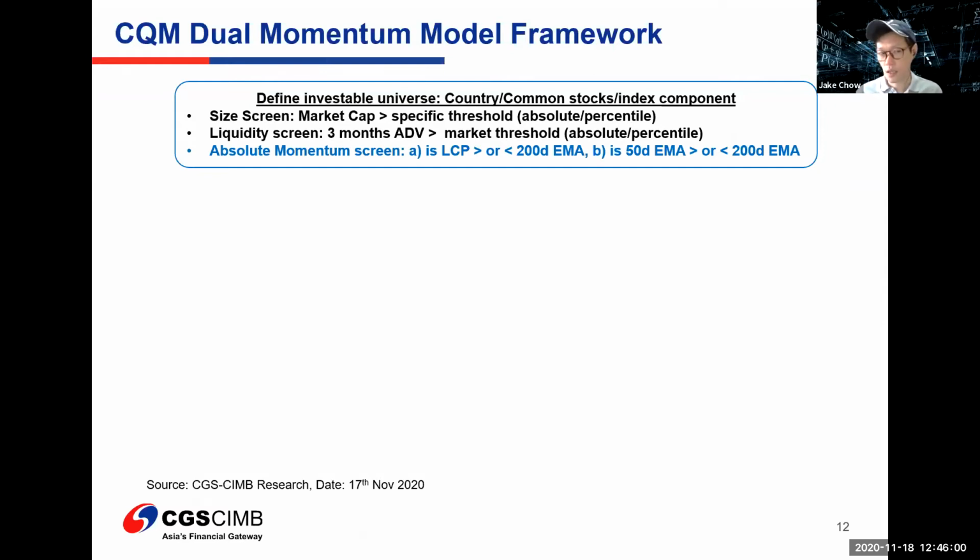Most of the time I use a 3-month ADV screen. We put a particular threshold, because the threshold is market specific, so it can be an absolute number or a percentage or percentile that we can determine, which market, what number to apply on what market. And we want to avoid micro cap stocks.